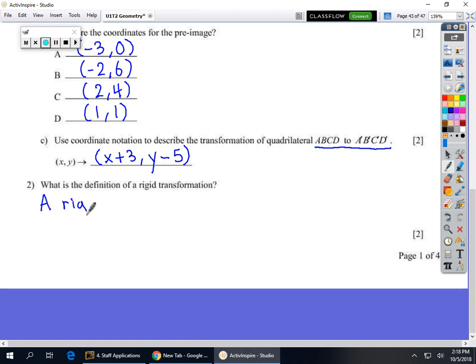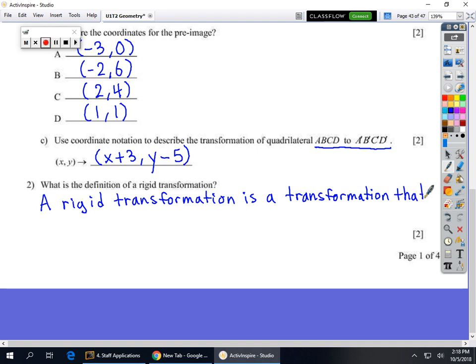A rigid transformation is a transformation that maintains the same size and shape.